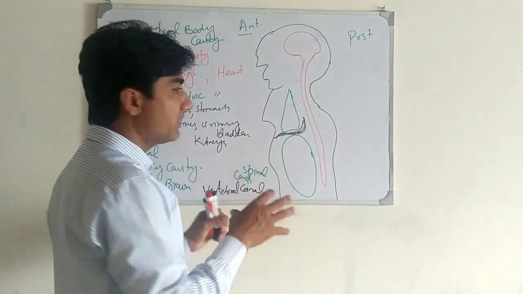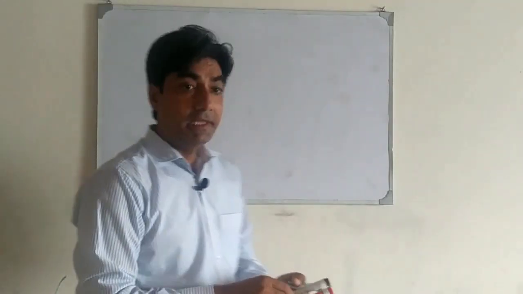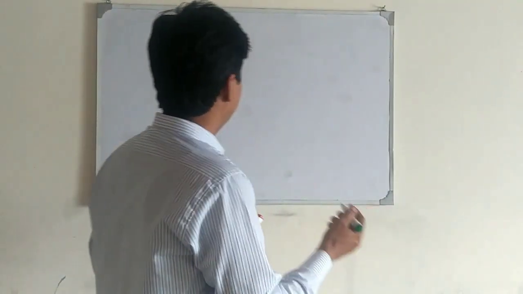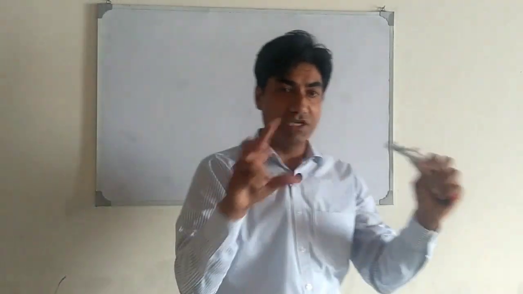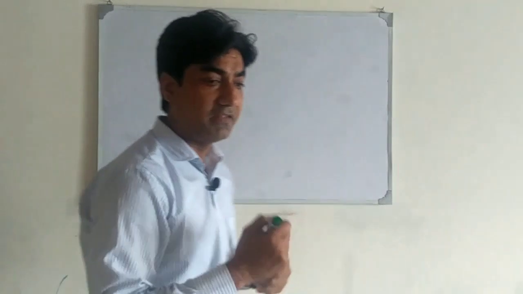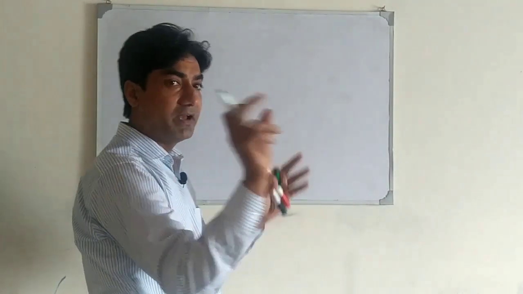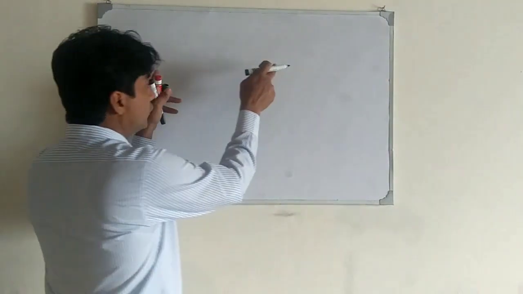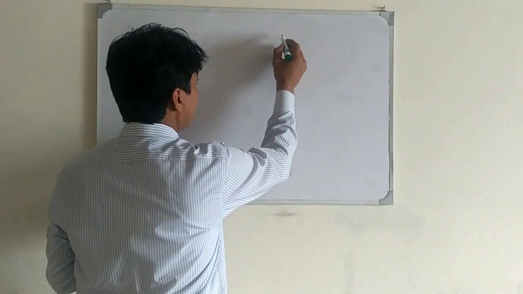How do layers and membranes cover the thoracic cavity? The thoracic cavity is partitioned into three portions. Two are lateral and one is in the middle, and these are separated by the mediastinal space. Here are the lungs.